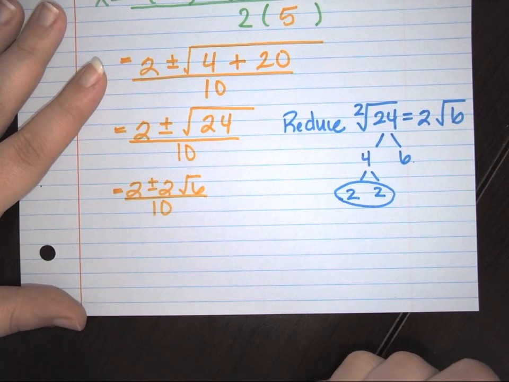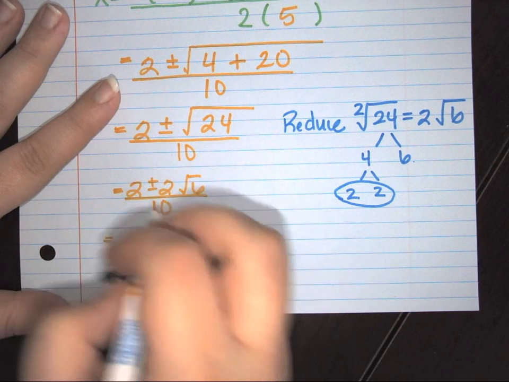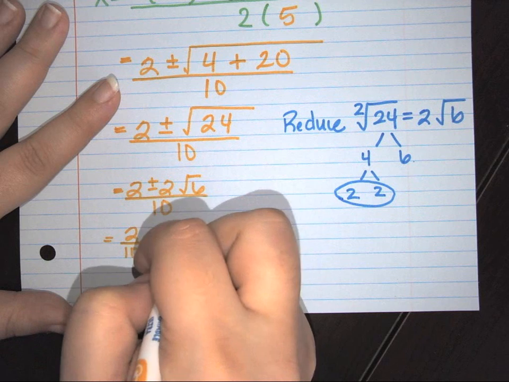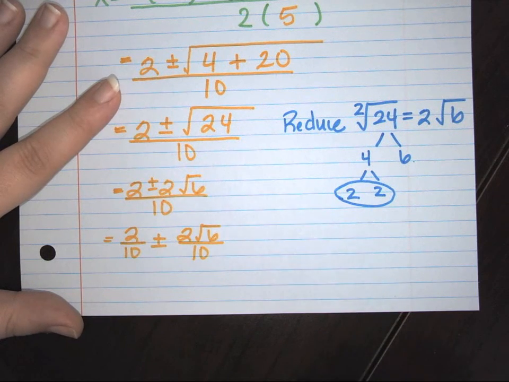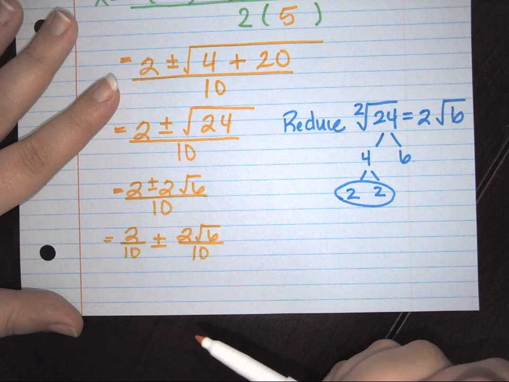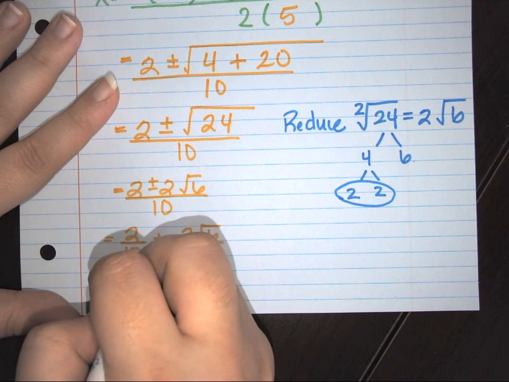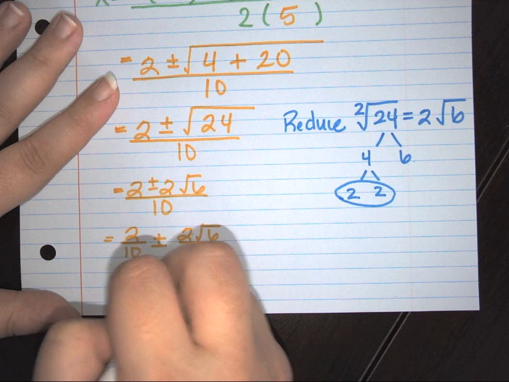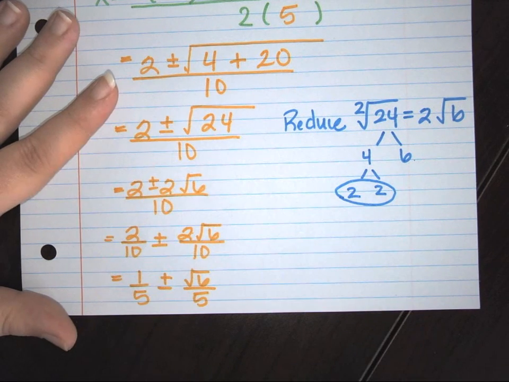Now we need to reduce our fractions. So to do that, I would separate them so you could see it. And what we actually have here is 2 over 10 plus or minus 2 square roots of 6 over 10. Well, 2 over 10 on both fractions is going to reduce. And so it actually becomes 1 over 5. So I have 1 over 5 plus or minus the square root of 6 over 5.